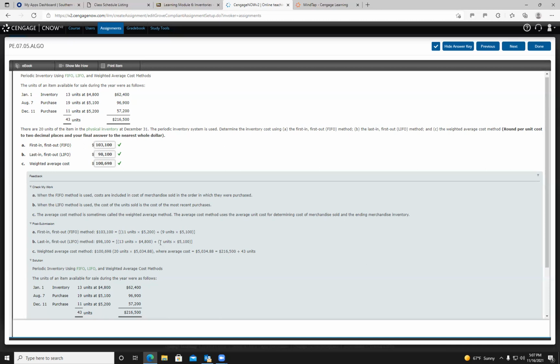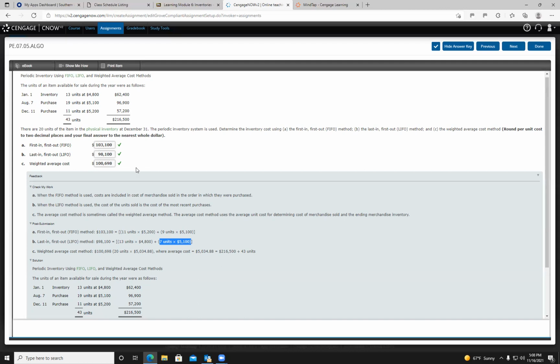So we have 7 units times 5,100. 7 times 5,100 equals 35,700 plus the 62,400 is going to give you an ending inventory balance of 98,100. All right, so that is how you determine your ending inventory balance under the periodic inventory system.